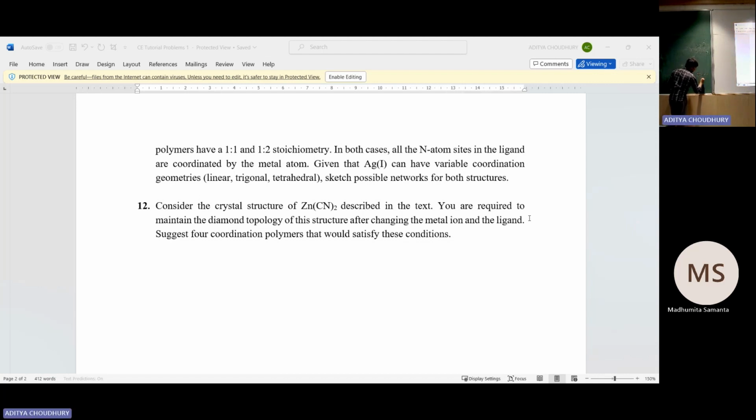If you want to take gold, here you have tetrahedral, and you can also get both tetrahedral. So it's going to be silver tetrahedral, which can also give you the same.